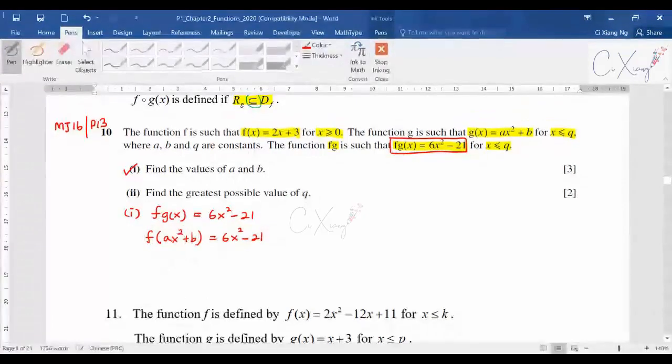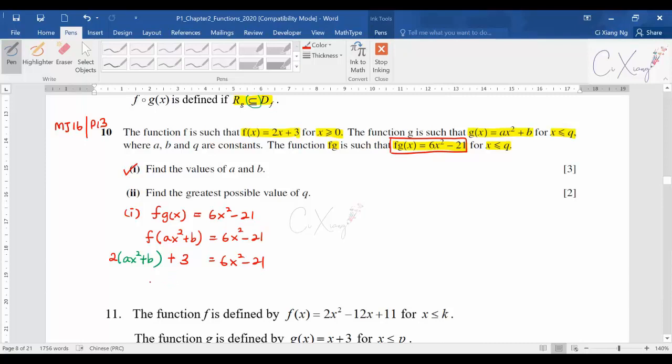For this part, you have to substitute ax squared plus b into the function f. If you substitute it, you will have 2 times (ax squared plus b), plus 3, and it equals 6x squared minus 21. Maybe you can expand everything.